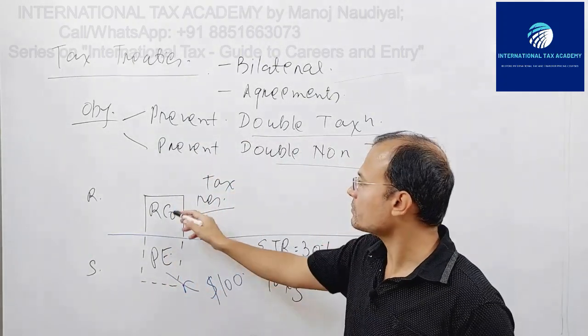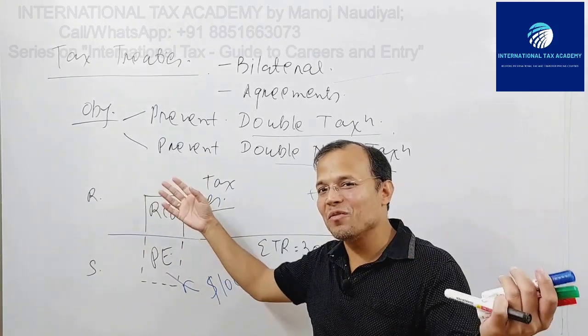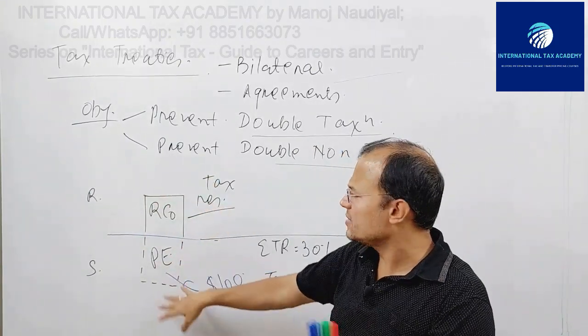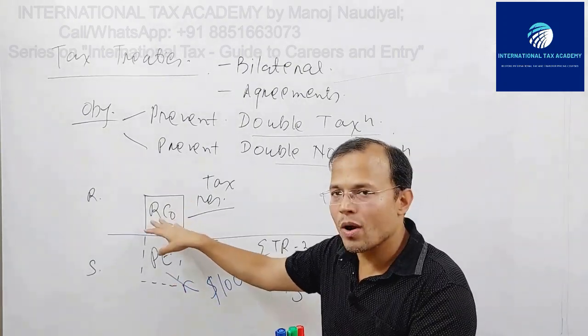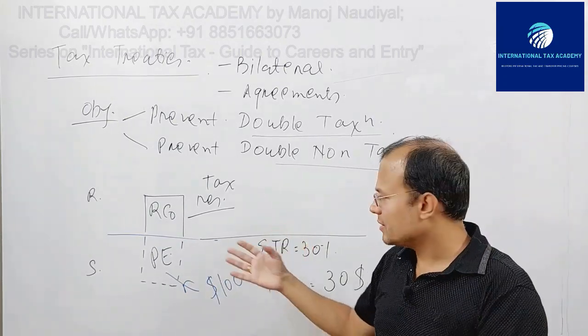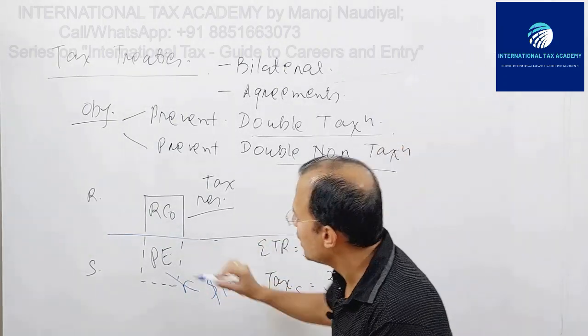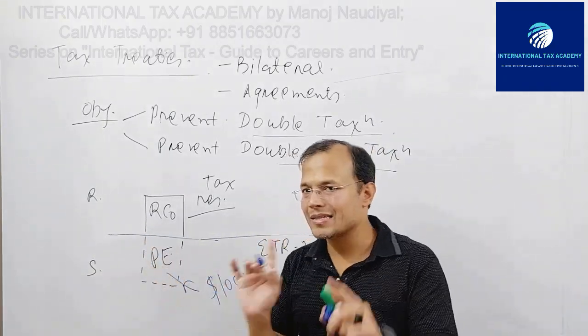Okay, fine. Now, what would R say? The country R would say, okay, fine, I'm not concerned about this tax which RCO has paid in country S. I am going to tax this $100 of income as well, because ultimately, remember, this was simply an extension of RCO.